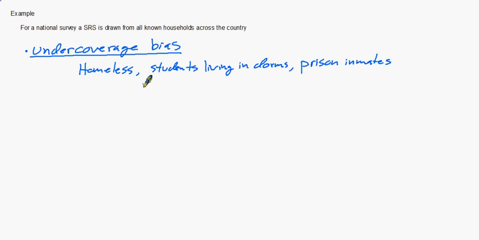The homeless, students living in dorms, prison inmates. In the design of the survey, are they trying to get to these populations? If not, then there might be undercoverage bias. So there might be, the students living in the dorms, there might be something in common that they all have, which would end up being a lurking variable. And if you have a lurking variable, then you might have bias.